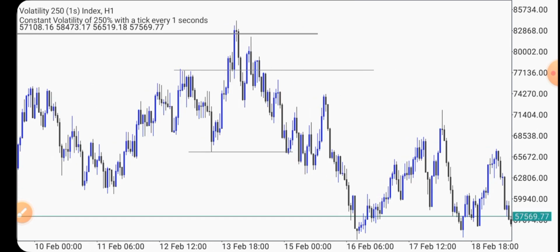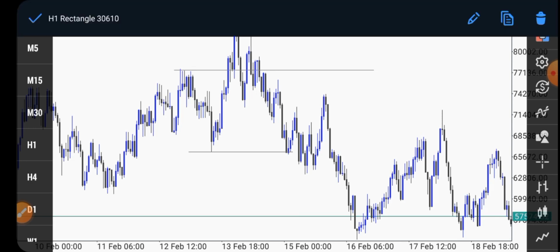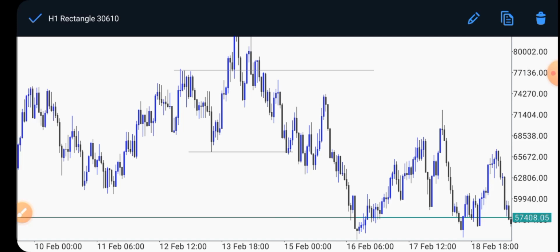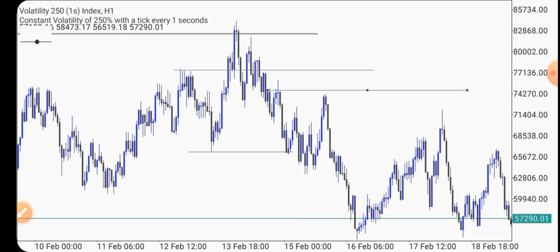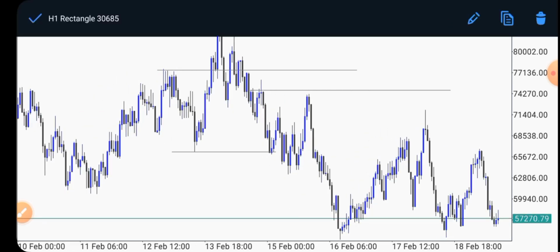And then I knew that price would never reach the zone after price created something like this, this zone around here. After creating this zone, you know what happened?